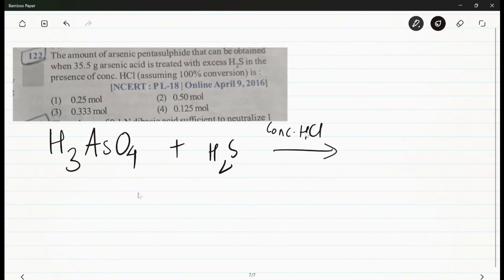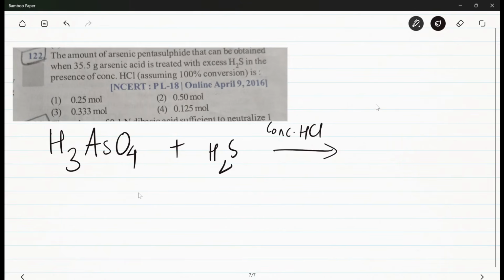No? 2016. You should have checked. Okay, no problem. This reaction is out of NCERT, so no need to worry a lot.